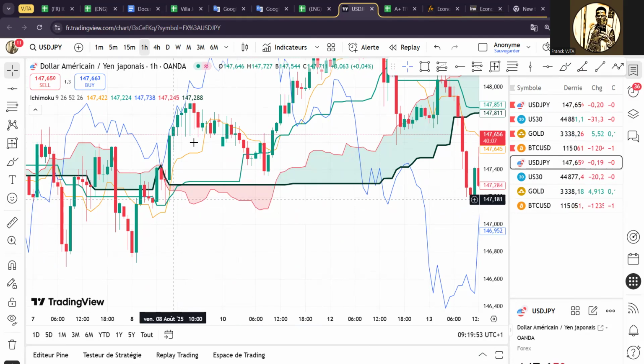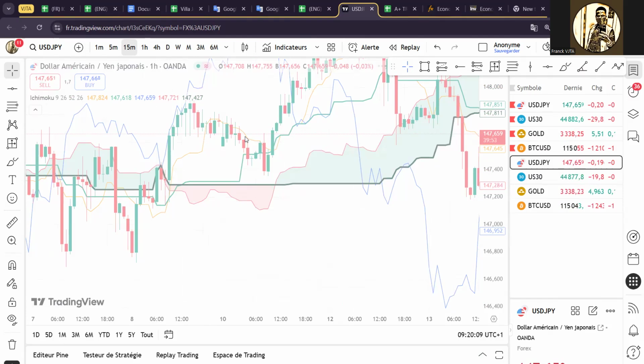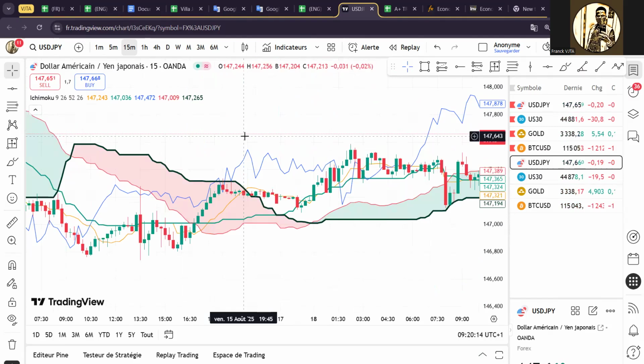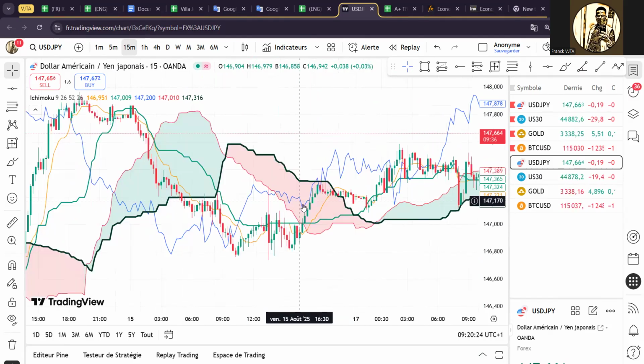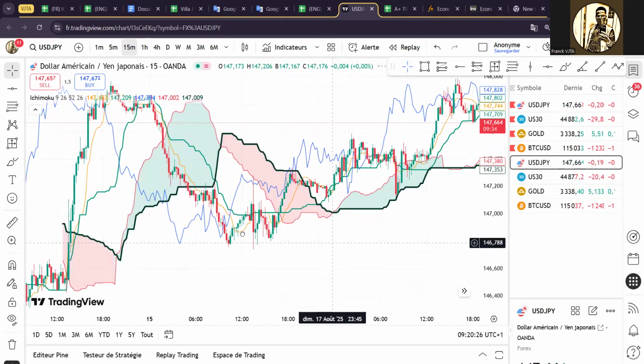Because sometimes you see the first course in 1 hour, but you cannot enter on the buy very soon here, because in 1 hour or in 15 minutes, you will not see the candle come and touching the Kijun, the Ichimoku lines. So that is the first.